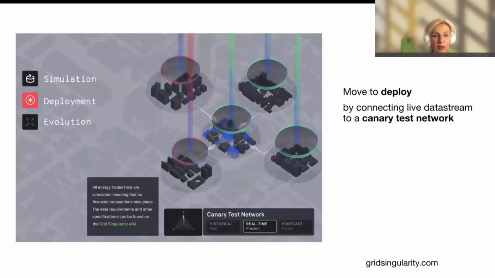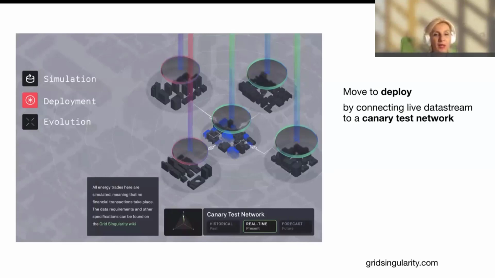So if we look at the spectrum of the Canary test network, you move from historical past data that you can simulate in real time to actual real data, and the ability to also forecast using the same software.